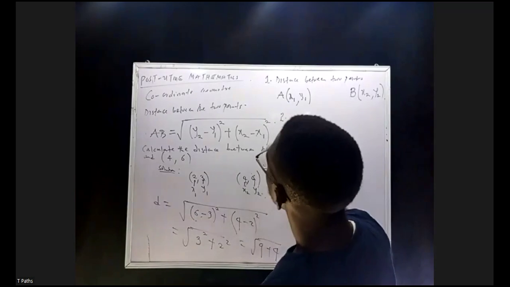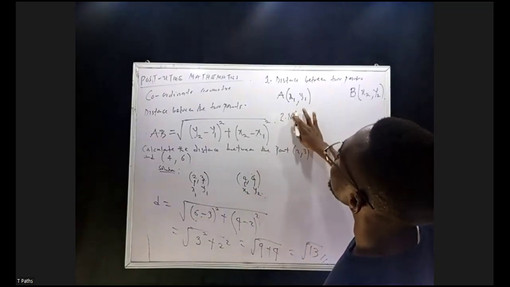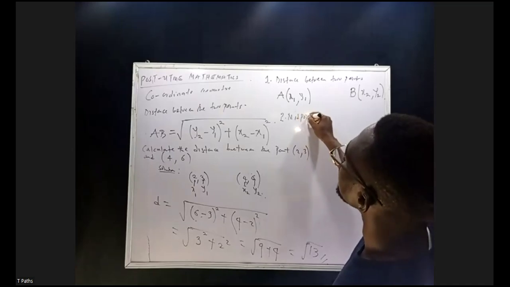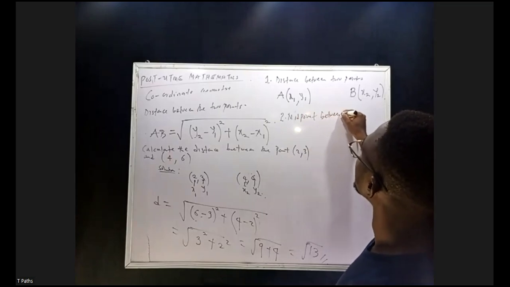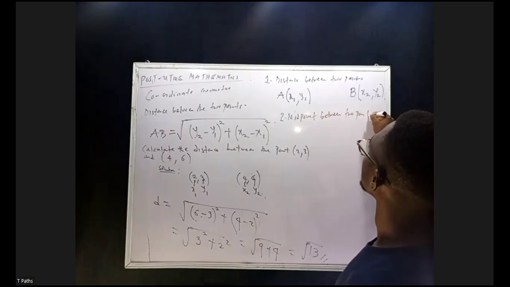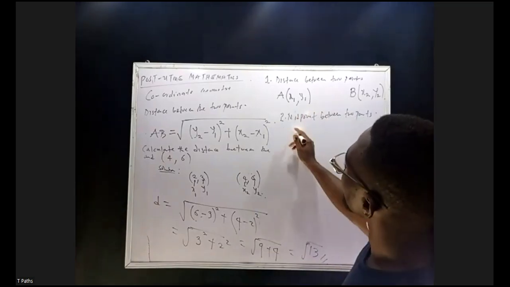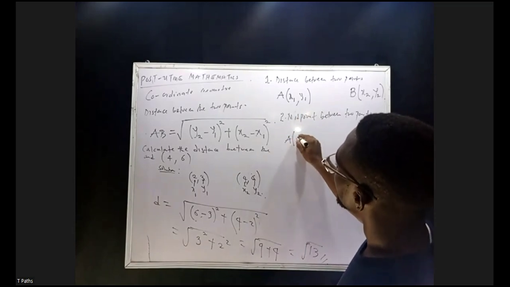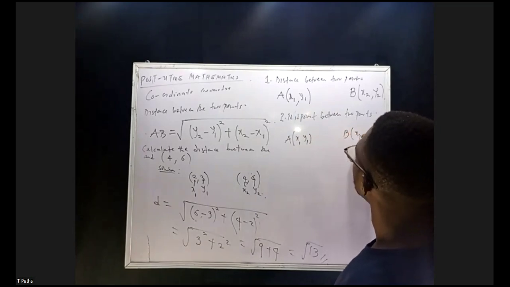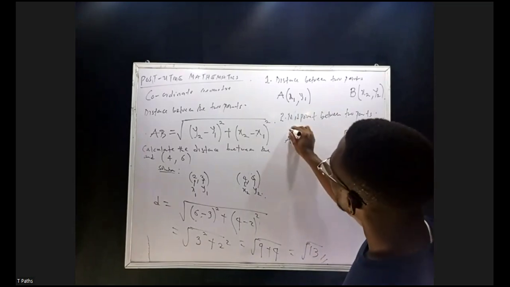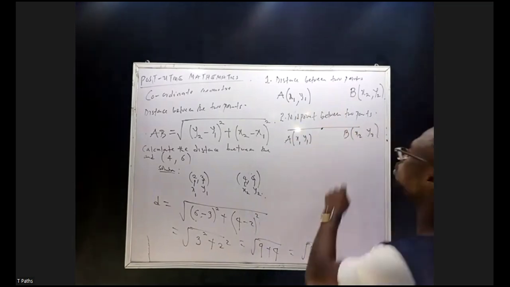Question number 2 that you can be asked in your exam is, they can ask you, what is the midpoint between 2 points? For instance, now, you have point A, X1, Y1. You have point B, X2, Y2. I want to now get the midpoint.